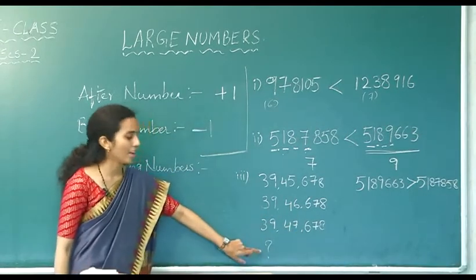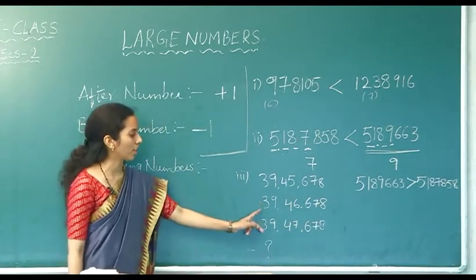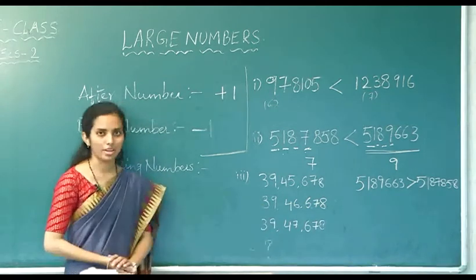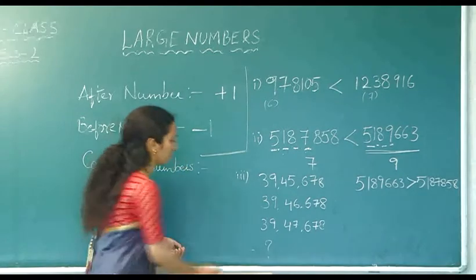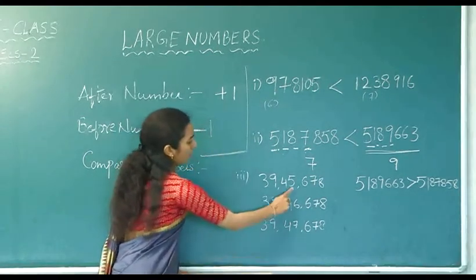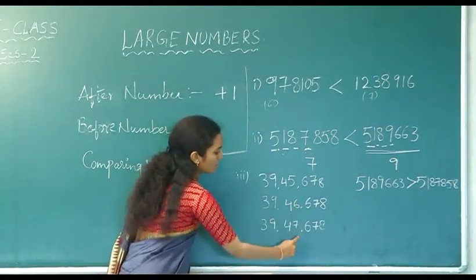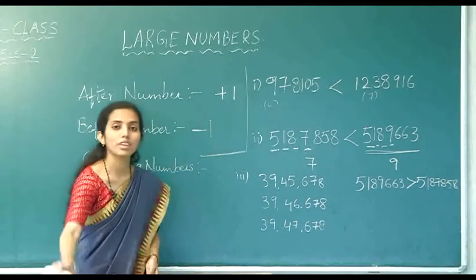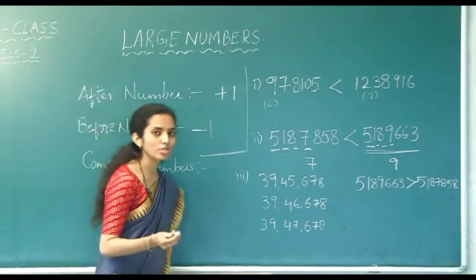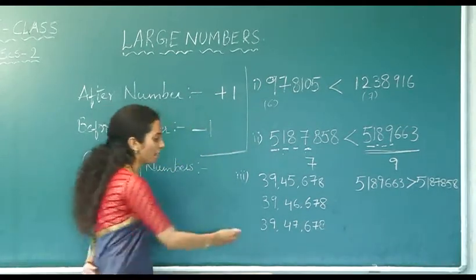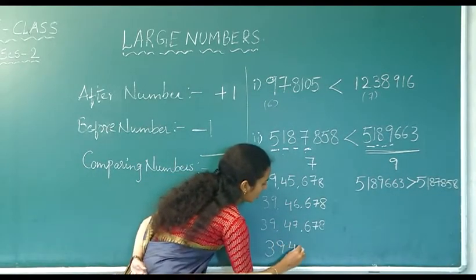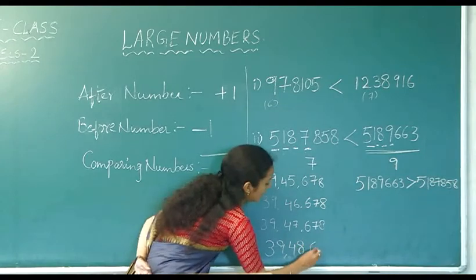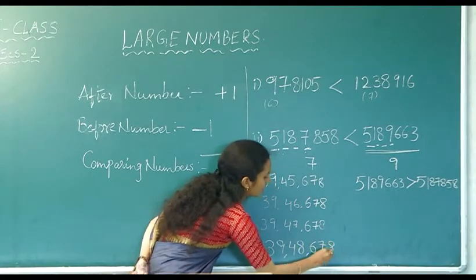And here we are asked what number comes after this number. Very simple. We have seen 45,000, 46,000, 47,000. So what comes after 47,000? 48,000. So the number that comes after this is 39 lakhs 48,678.